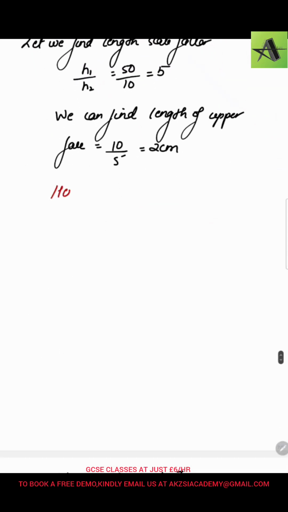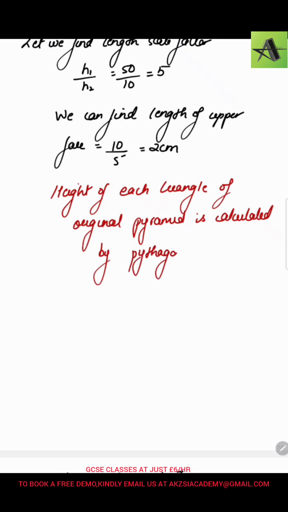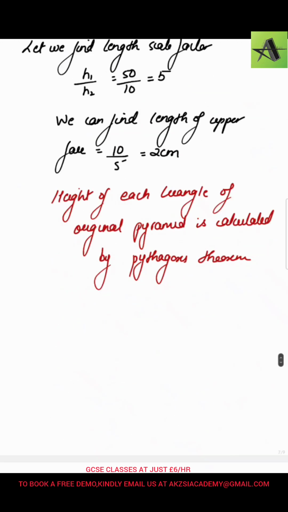So the height of each triangle of the original pyramid is calculated by Pythagoras theorem. That means the square of our height, which is 50, and the square of our base, which is 5.